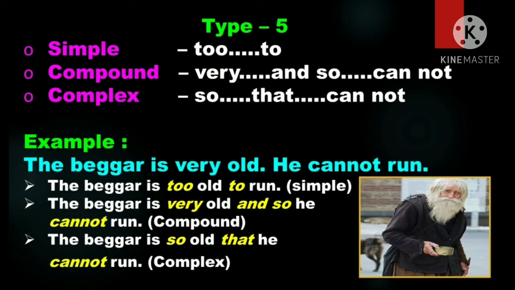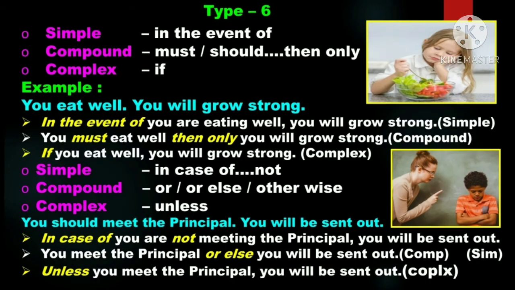When it goes to compound, then we should write "The beggar is very old and so he cannot run." When we change this sentence into complex, then we should use "The beggar is so old that he cannot run." Got it? Yes. And the last one is type 6.